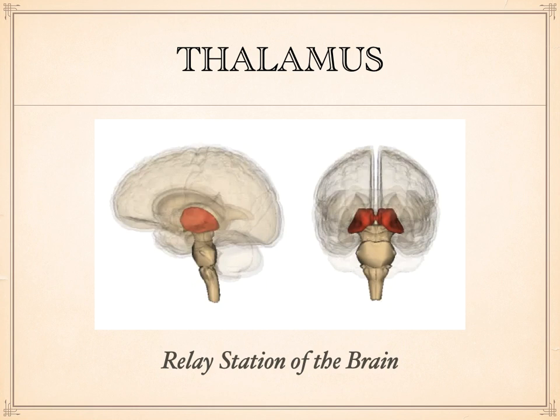And the thalamus is kind of the relay station for your brain. Every bit of information that comes in there, the thalamus decides where that information needs to go.